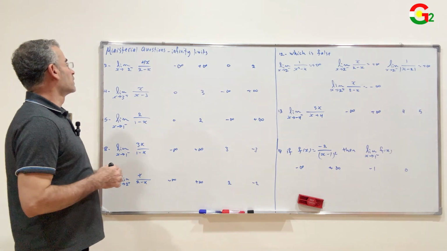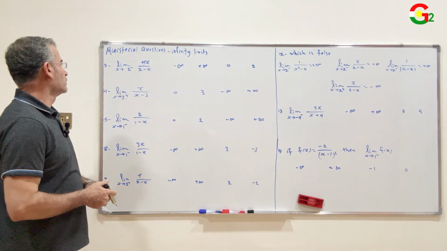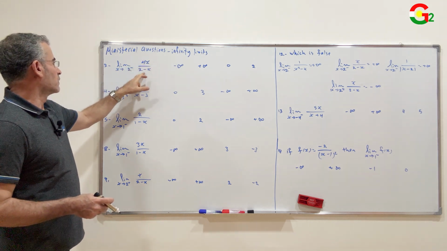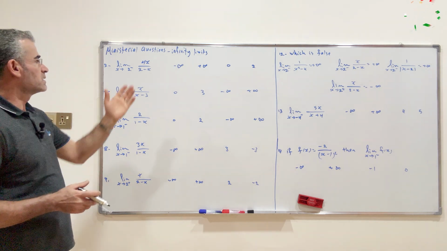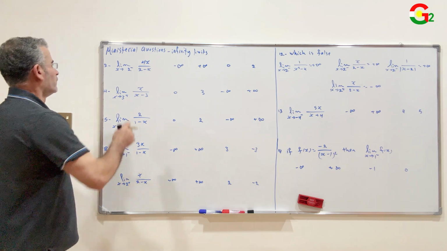The ministerial questions of infinity limits. Question number 2. The limit of 4x or 2 over 2 minus x when x approaches 2 from left is negative infinity, positive infinity, 0 or 2.